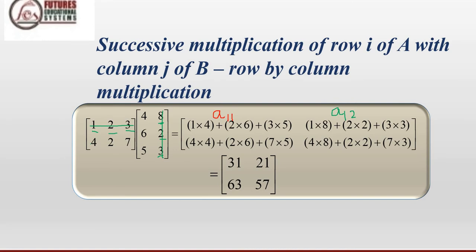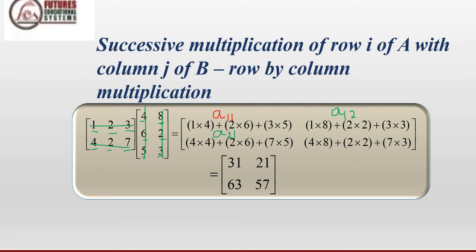Now we go to the second row. Multiply the second row by the first column: 4 by 4 plus 2 by 6 plus 7 by 5. This answer gives me a 2,1, the second row and the first column.